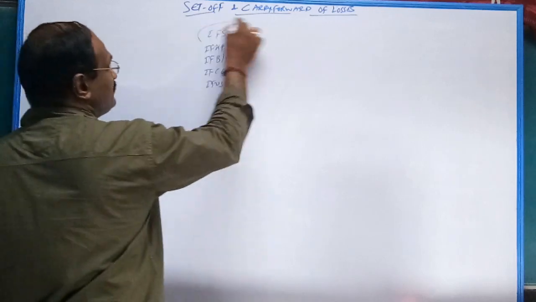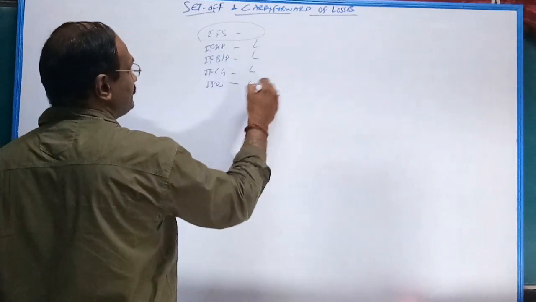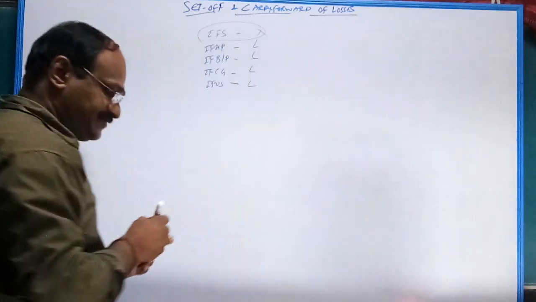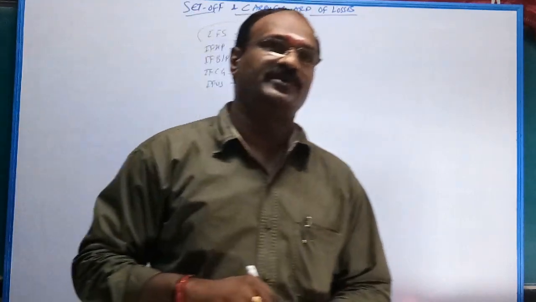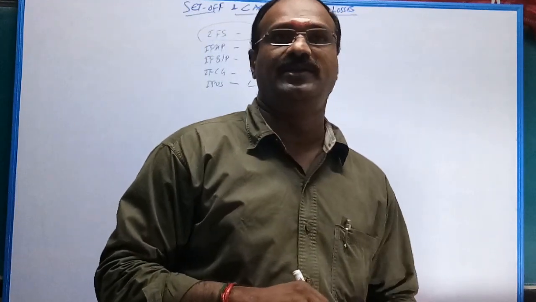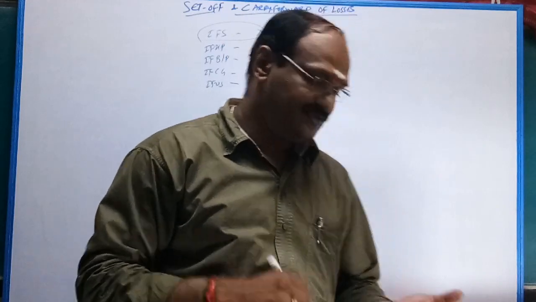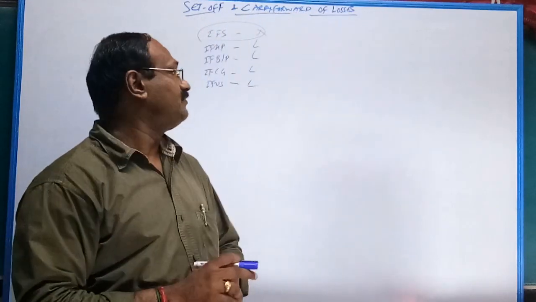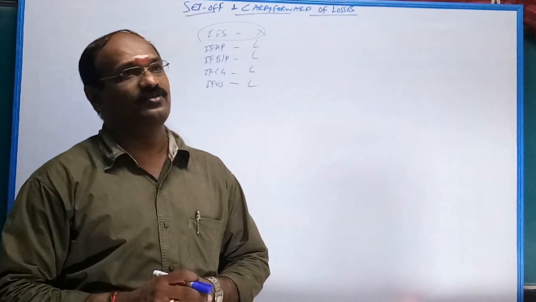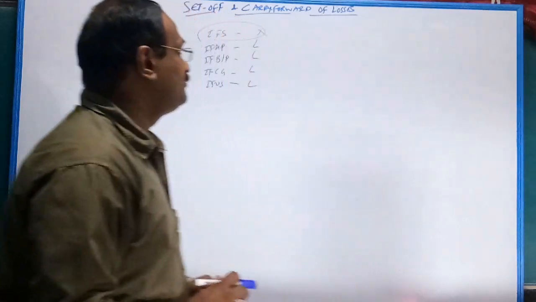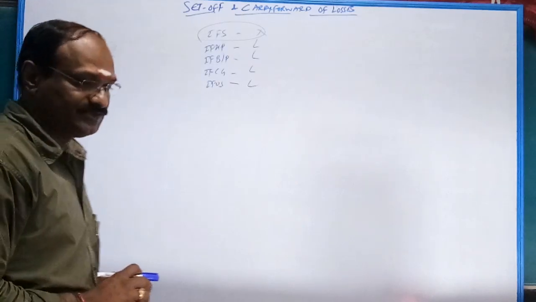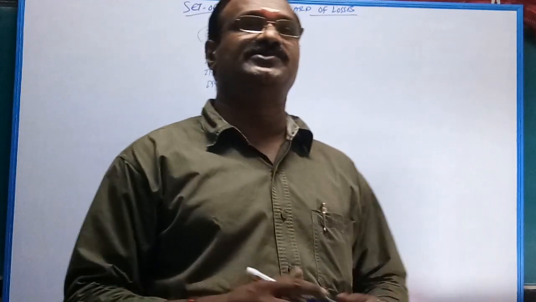Other than salary, in all the other four heads there is a possibility of losses. As far as income from salary, there is no loss at all. But in case of house property, say self-occupied property or let-out property, there is a chance of loss. Business, of course, definitely there are chances. Capital gain as well as other sources. So here we are going to discuss how to set off the losses.